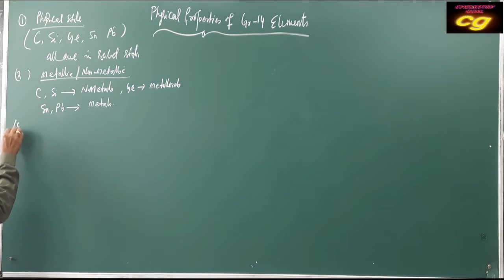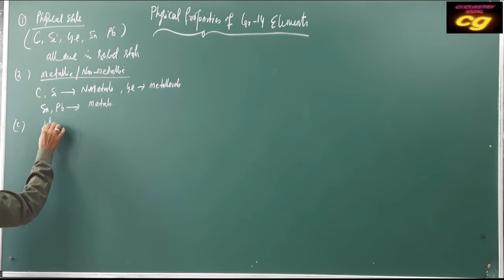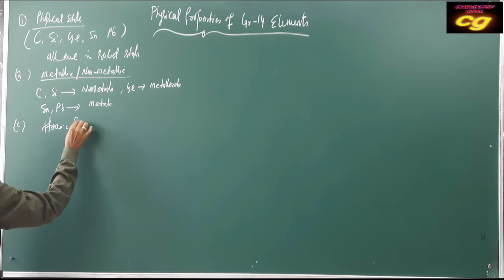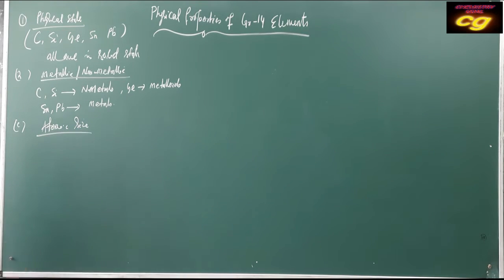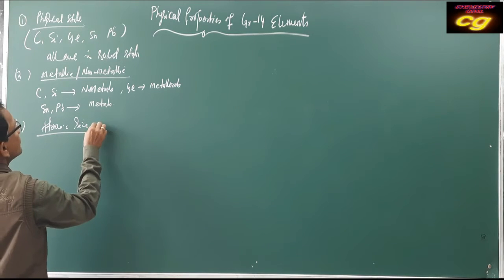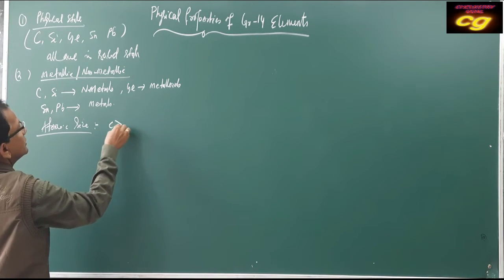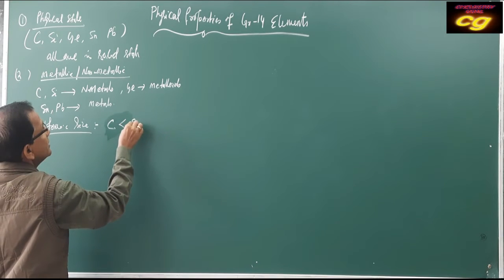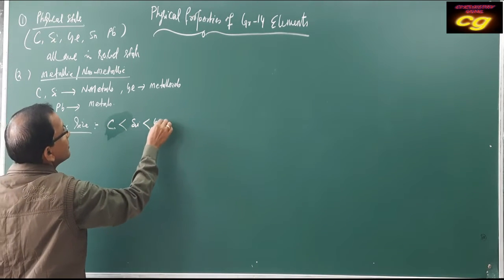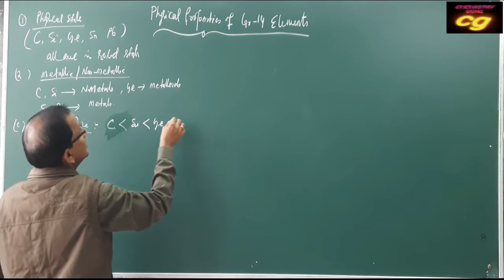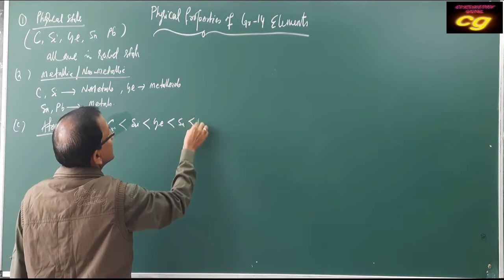Then atomic size. Atomic size generally increases in this order: carbon is less than silicon, less than germanium, less than tin, less than lead.